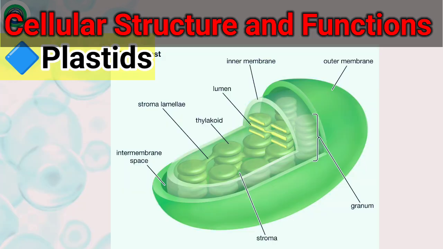The outer membrane is smooth, while the inner membrane gives rise to sac-like structures called thylakoids. The stack of thylakoids is called granum, while its plural is called grana. Grana float in the inner fluid of the chloroplast, the stroma.